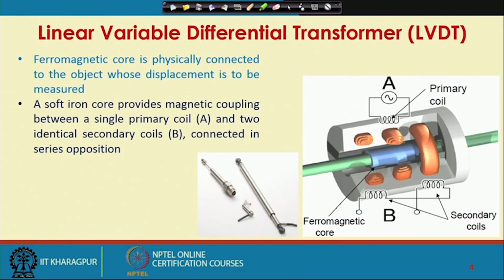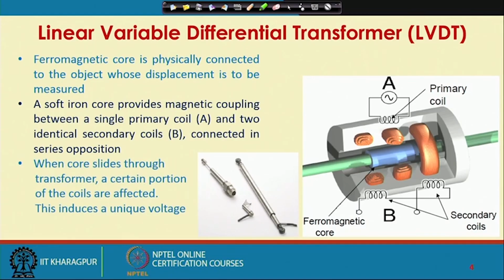A soft iron core provides magnetic coupling between the single primary coil and two identical secondary coils which are connected in series opposition. When the core slides through the transformer, a certain portion of the coils are affected. This induces a unique voltage. So, this is LVDT.